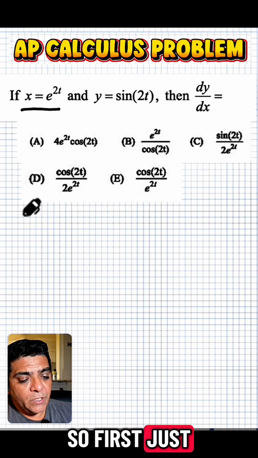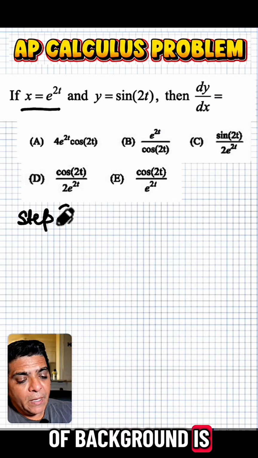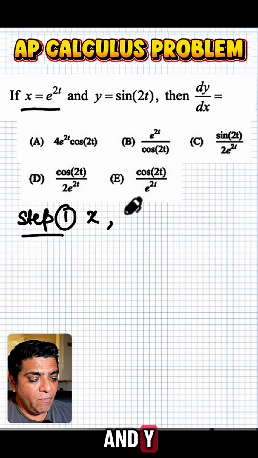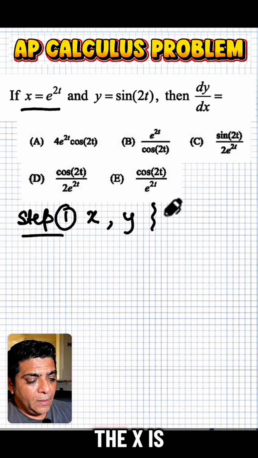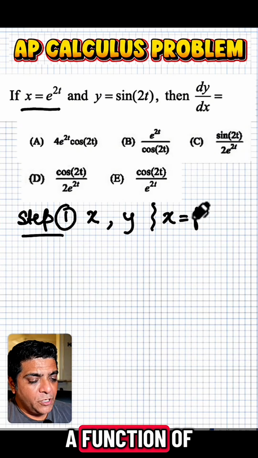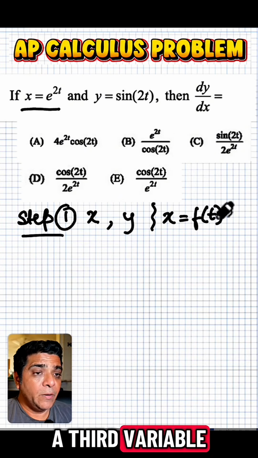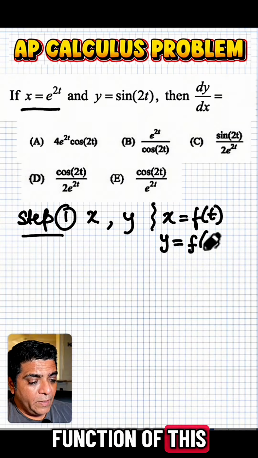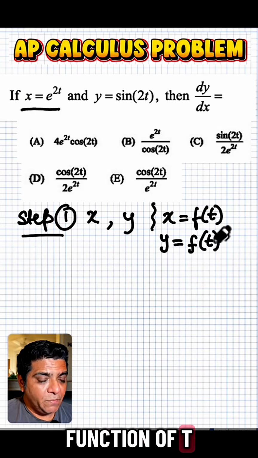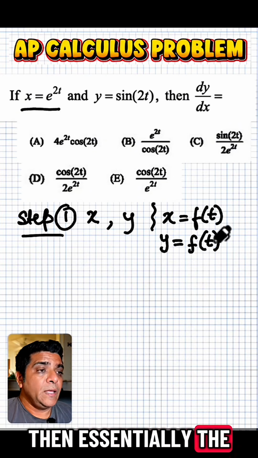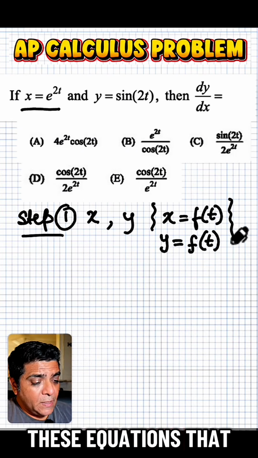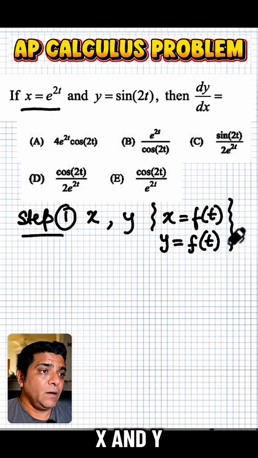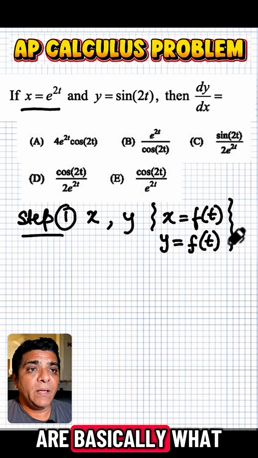Okay, so first, just a little bit of background: what are parametric equations? When you have two continuous functions x and y, such that x is a function of a third variable, a parameter called t, and y is also a function of this parameter t, then these equations are what are called parametric equations.